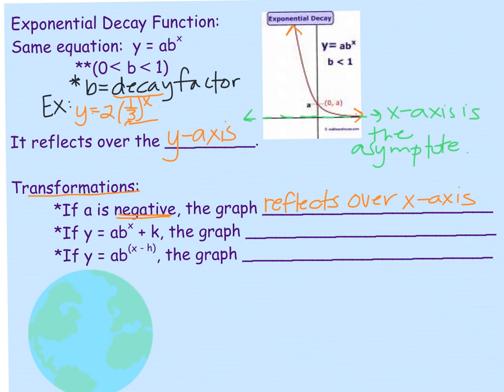If you have something like a, b to the x, like the normal parent function, plus k at the end, so if it's being added or subtracted, the graph will move up or down by k, and whatever that value is. So if k is positive, it'll move up. If k is negative, it will move down.